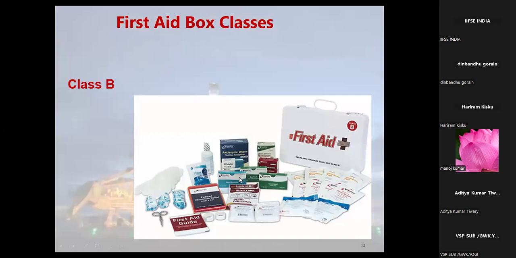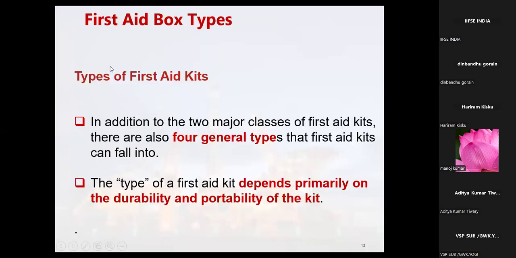So types of first aid kits: class A is for low risk jobs like offices and schools, and class B is for high risk jobs like construction and factories.